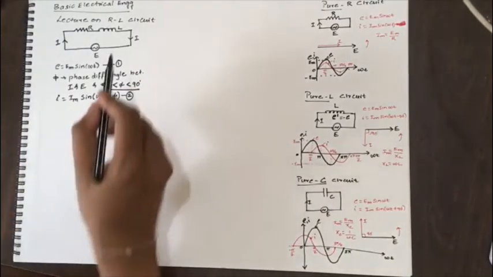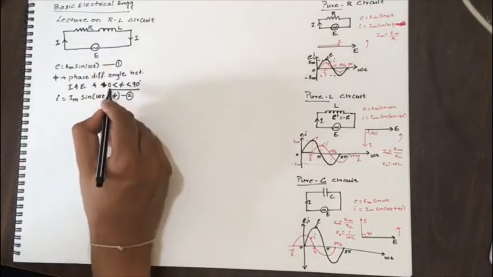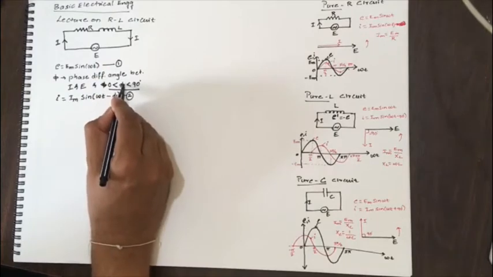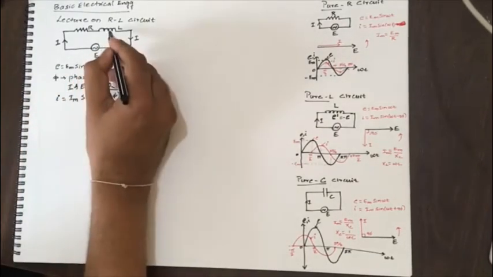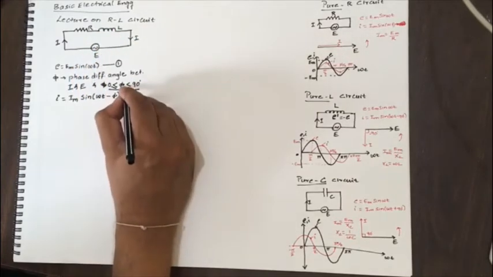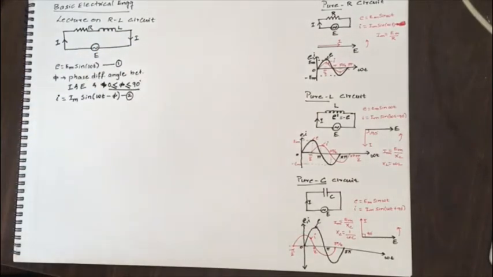Okay, if I make L 0, it will become phi equal to 0. If I make R 0, it will become phi equal to 90 degrees. So always the phase difference angle phi will exist with its value between 0 and 90 degrees for any practical circuit. Okay.